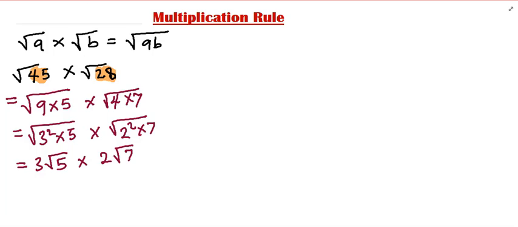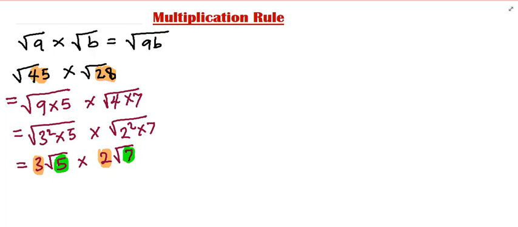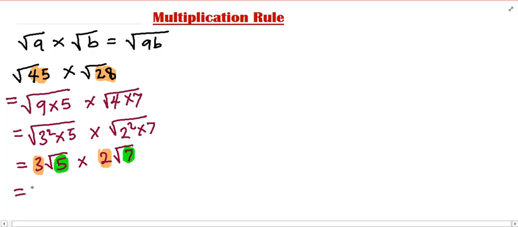I don't know if you actually follow this part. So from here we now have the number part and the surd part. So this is the number part and then this is the surd part. So what you just do, combine these terms from here. You're going to have 3 multiplied by 2 and then surd 5 multiplied by surd 7.